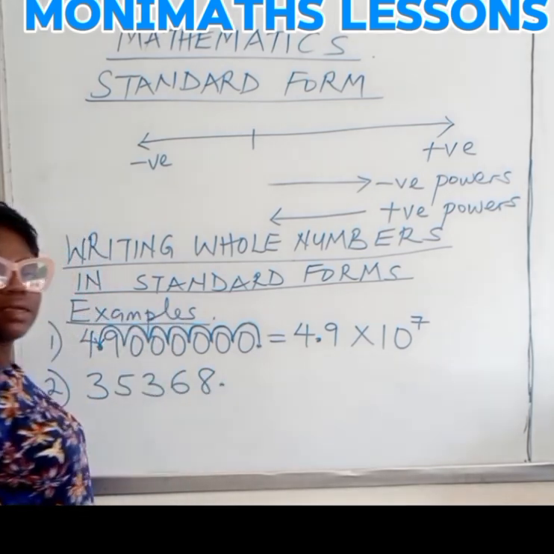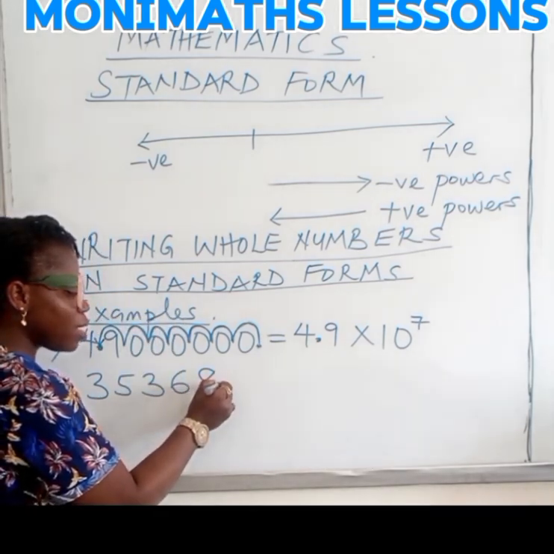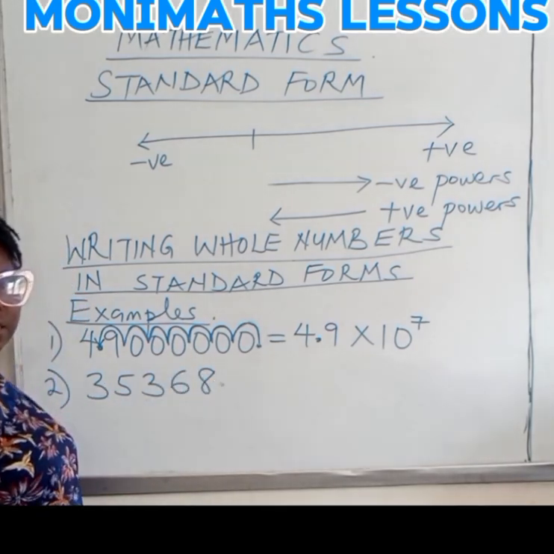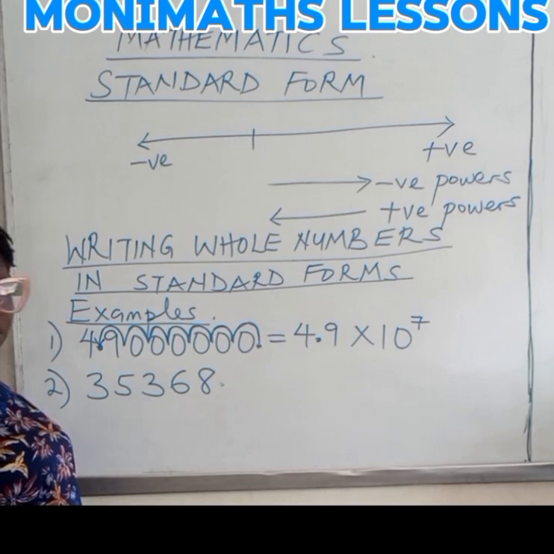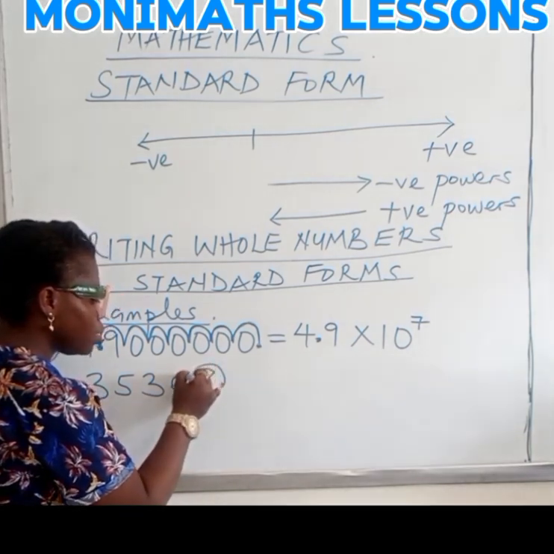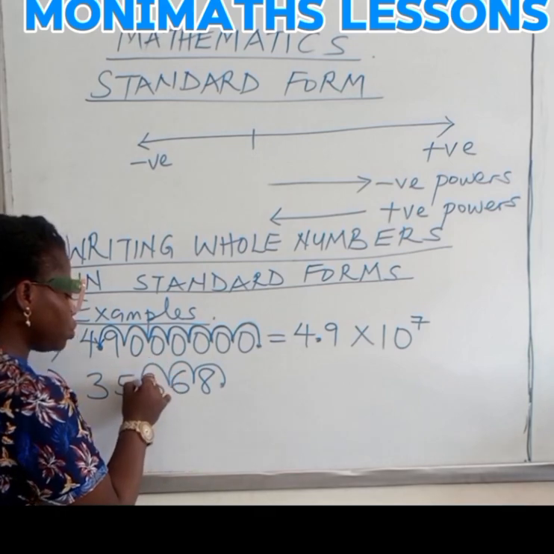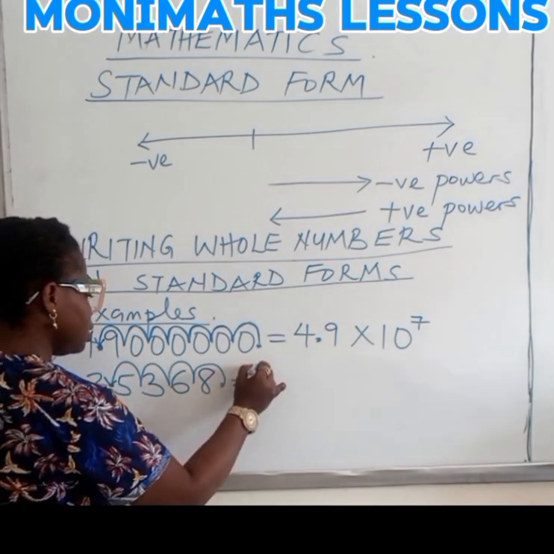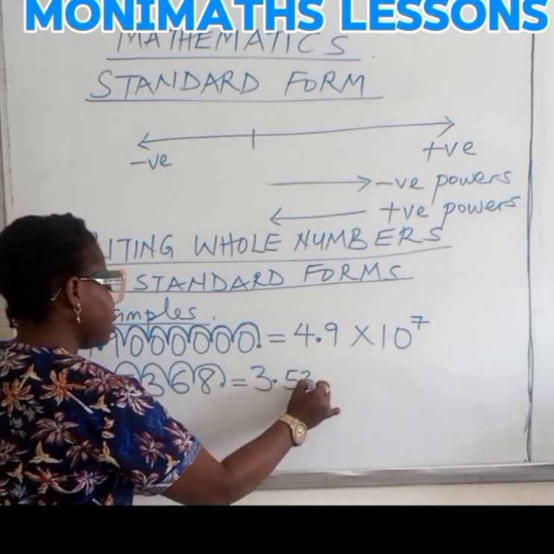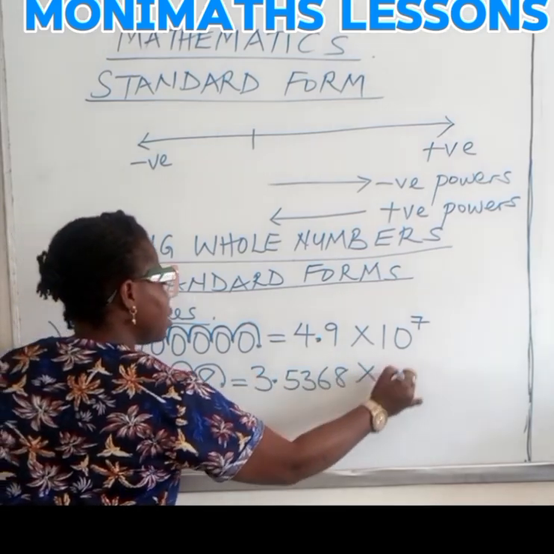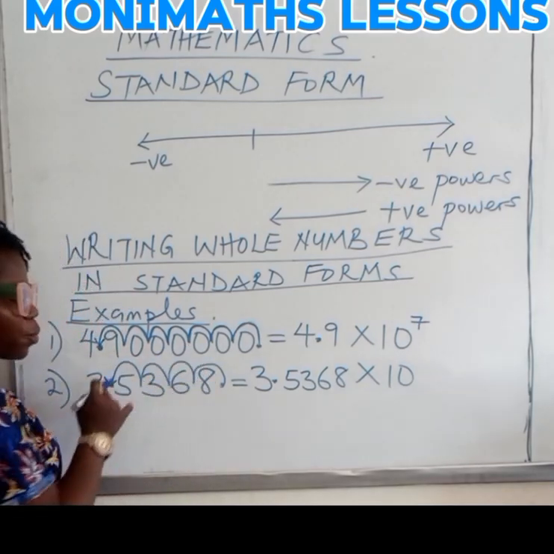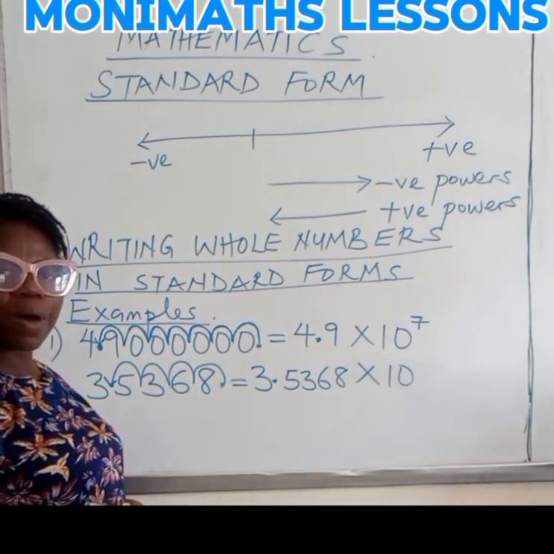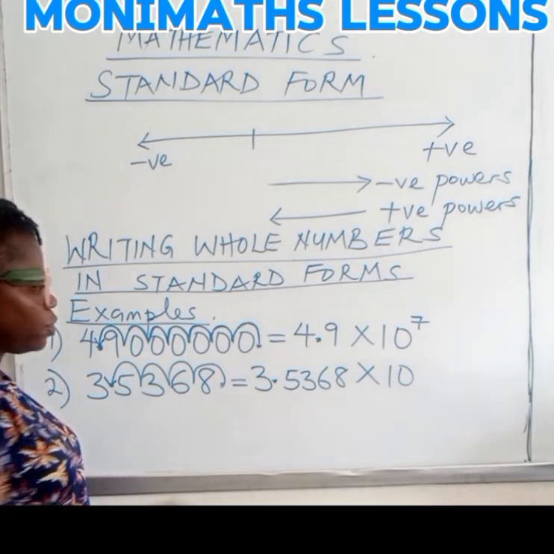So to write in standard form, I will have to move the decimal point from the back of the unit to the back of the first number that is not 0 in that series. So let's move it. That is 1, 2, 3, and 4. Giving me 3.5368 times 10 raised to power. We moved the decimal point 4 times and towards the negative. So our power is going to be positive 4.